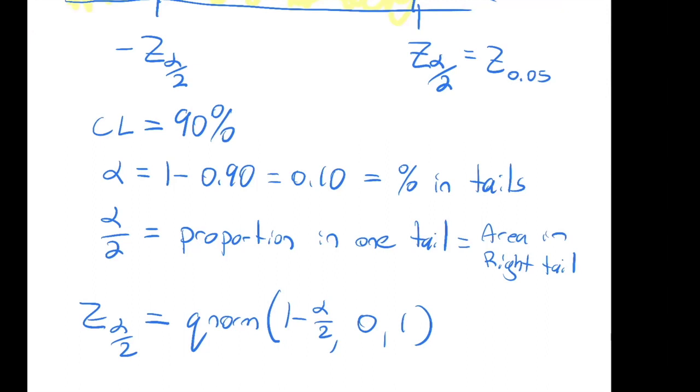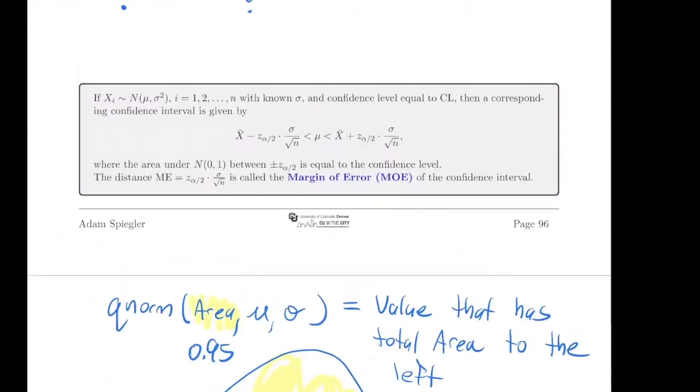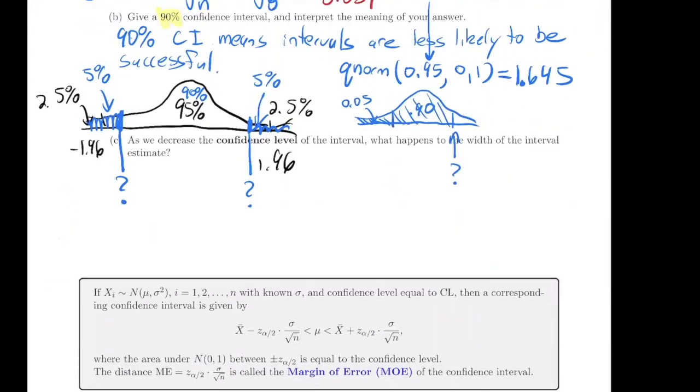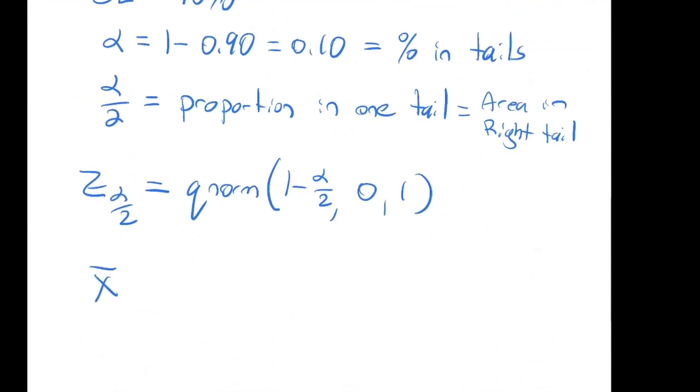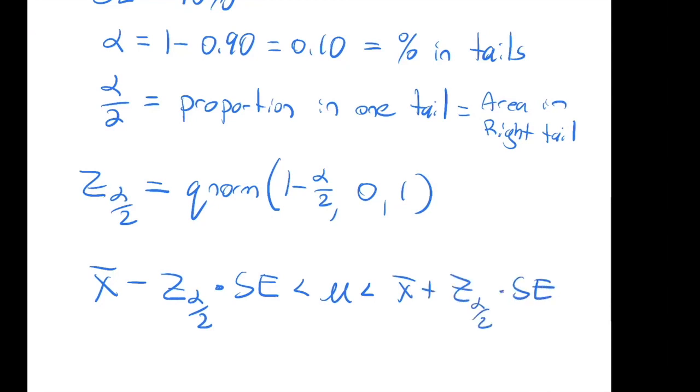Okay, any questions? So to come back to this example, we would take x bar, and so we're just tweaking the fact that this might not always be 1.96.